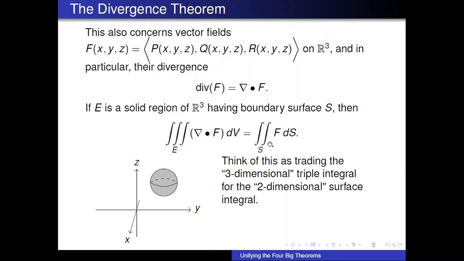Now I know that in all the instances that we actually applied the divergence theorem, it was the other direction that was useful for us. We liked trading out surface integrals for triple integrals because surface integrals were generally pretty tricky to do, and in all the instances that we saw in the previous slideshow, the divergence of f was something that was pretty easy to do a triple integral of.